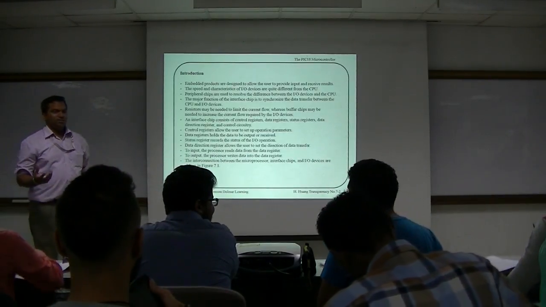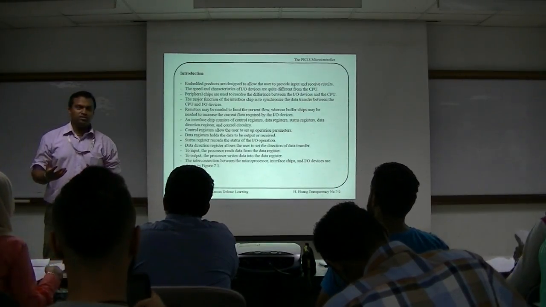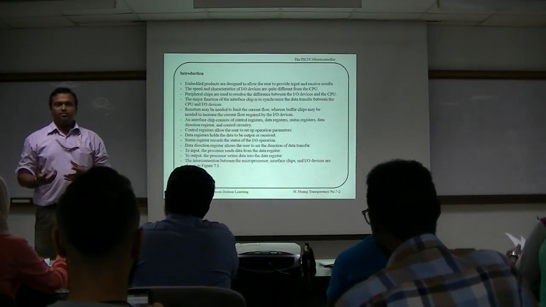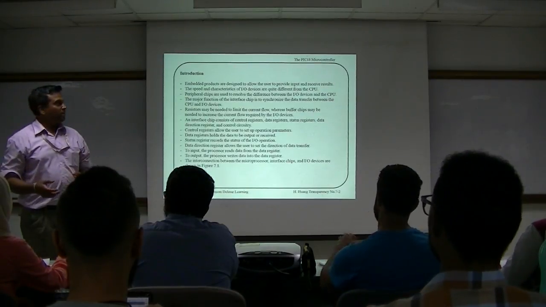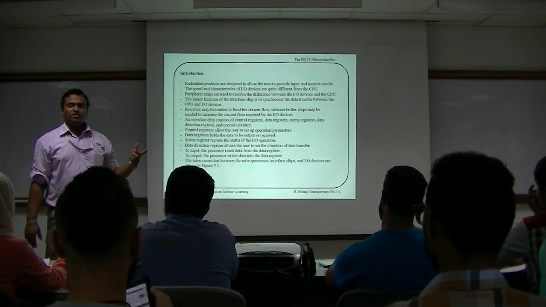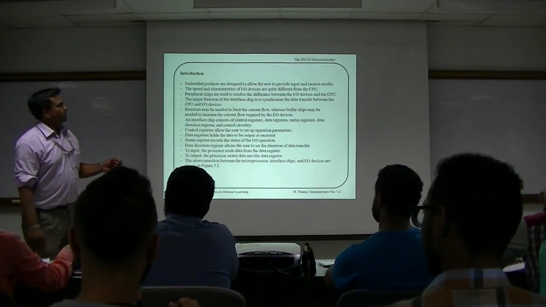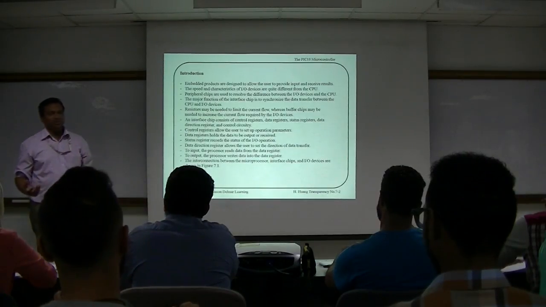So embedded products, that means the PIC18 that we're going to use, all those microcontrollers, whenever you program it to become an end product, usually the end product will be something like an embedded product. We have seen the definition of embedded products in chapter 1, right? So embedded products are designed to allow the user to provide input and receive a result.